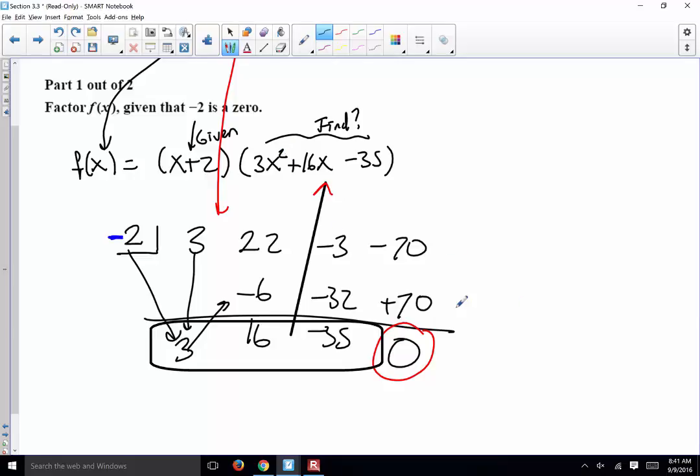Isn't that great? Okay, so we have now this, and you guys know the big chunk. Your job is to break it into two more pieces.